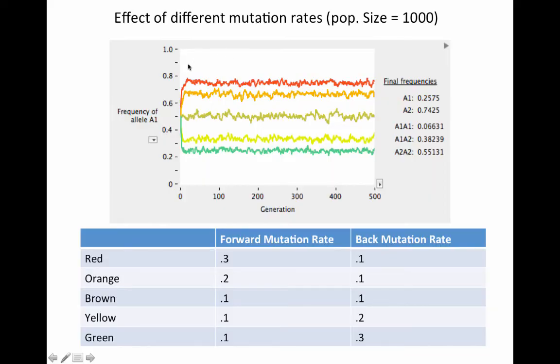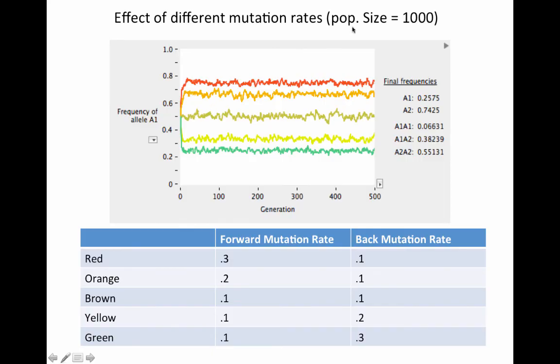Okay, mutation rates are going to have effects on allele frequencies again. And remember, all microevolution is change in allele frequency. So does that microevolution happen? Yeah, you can measure it really easily out in the field. So all I did here was change the forward mutation and the back mutation rate, and you can see the effect that that's going to have on the frequency of alleles.